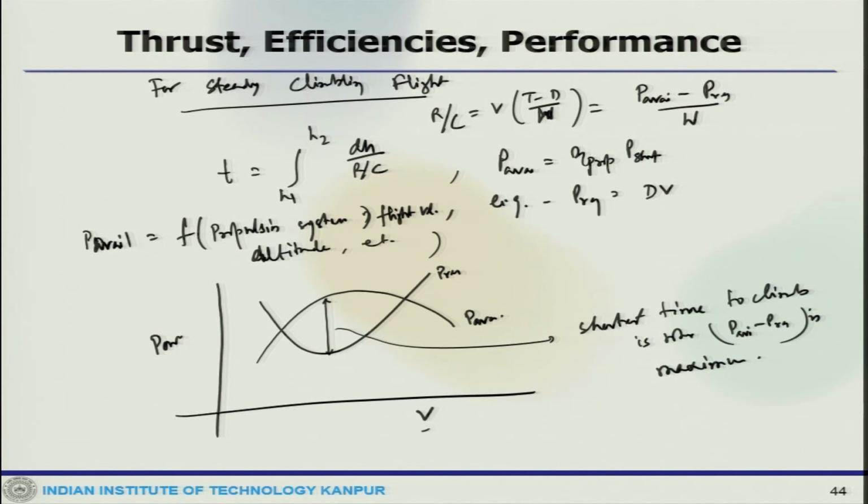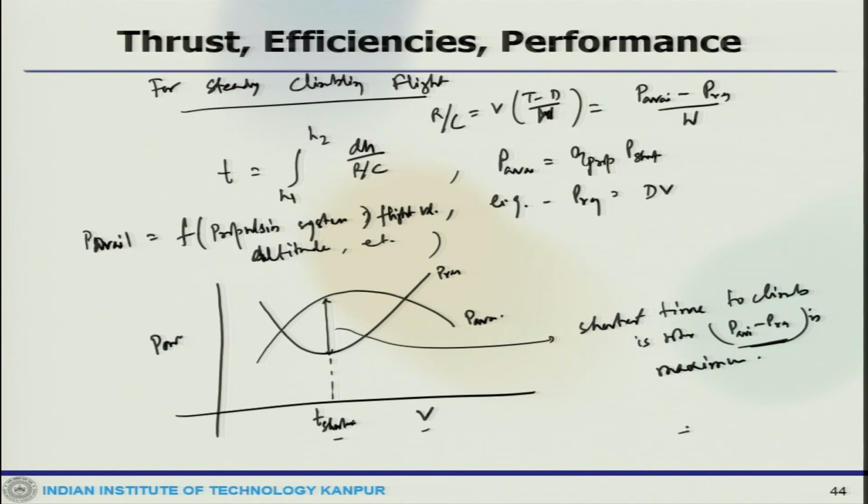That means the shortest time to climb will occur at the flight velocity corresponding to T shortest. At that particular velocity, the difference P available minus P required is also maximum, and that would give the time to climb.